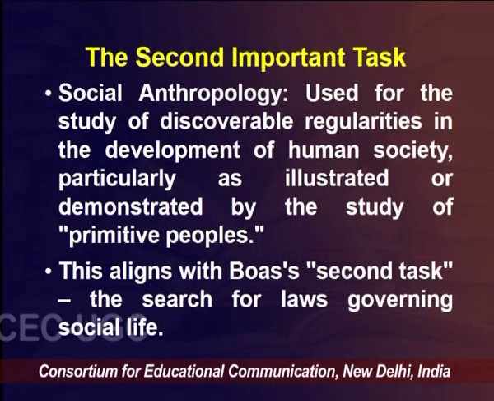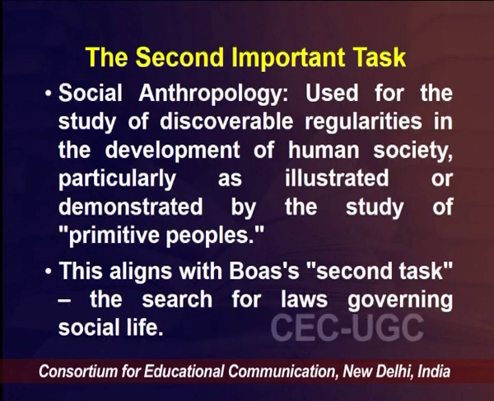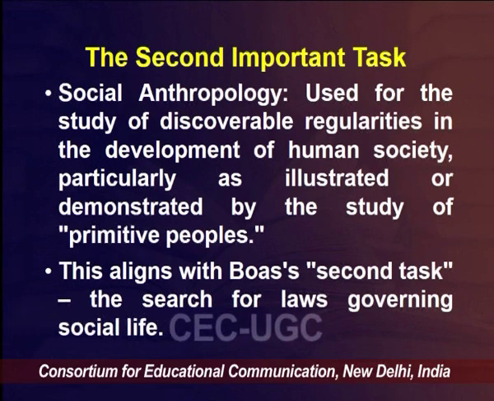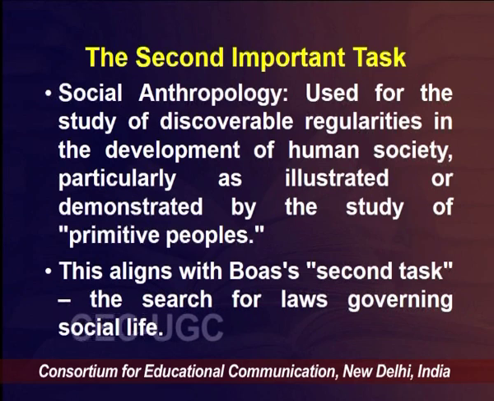Social anthropology, which is the investigation of laws which govern social life, is the second important task and is used by anthropologists to discover regularity in the development of human society, particularly as illustrated by the study of primitive people. This aligned with Boas' second task, the search for laws governing social life.